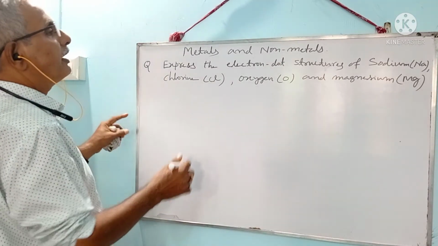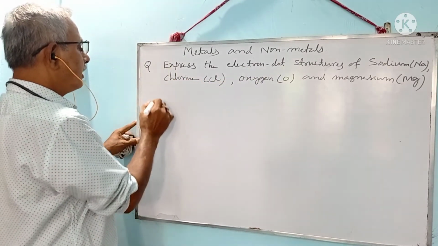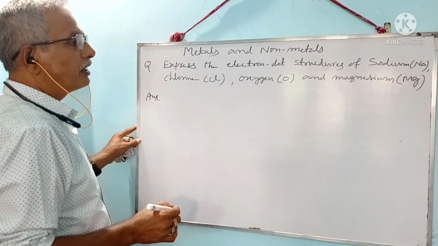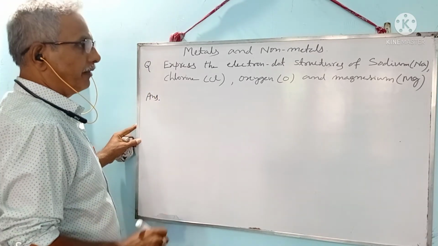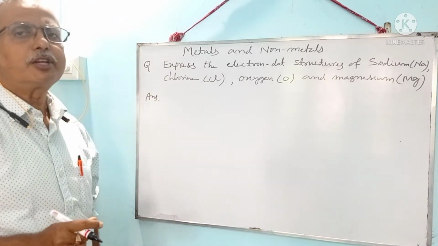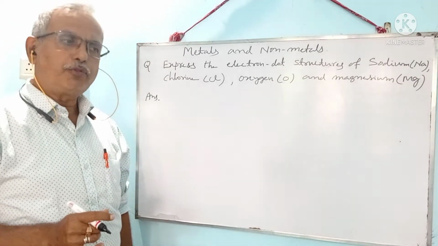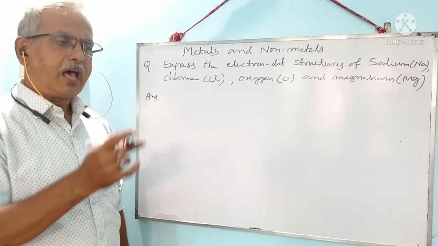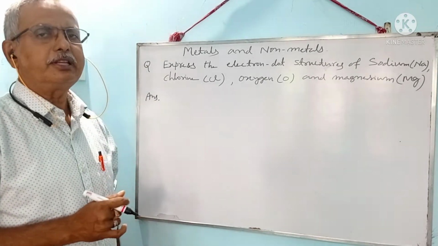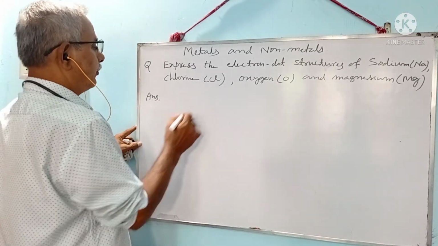Here, dear friends, you see for sodium, you know the atomic number of sodium is how much? The atomic number of sodium is 11. That means there are 11 electrons in a sodium atom. Now these electrons are distributed in the different cells around the nucleus in the atom of sodium, as I am showing you.